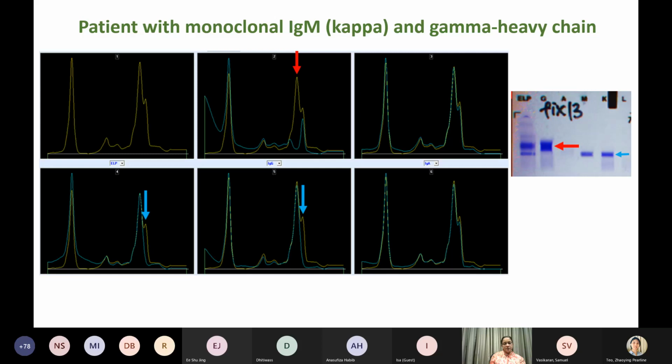This big peak is subtracted by anti-G antisera, but no subtraction in kappa or lambda. And the second peak is M and kappa, so it's an M kappa band. So this is a patient with monoclonal IgM kappa and gamma heavy chain.